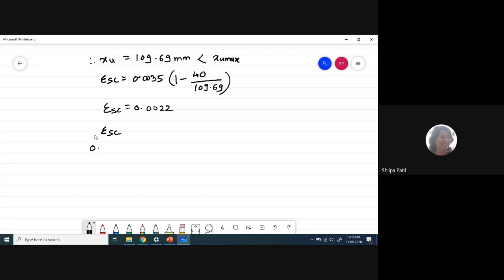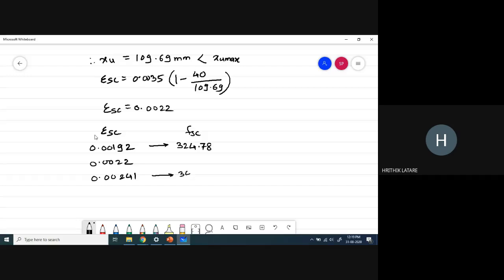What is the first value? 0.00192. Then our value is 0.0022. Then 0.00241. And the corresponding FSC values are 324.78 and 342.83. Correct.